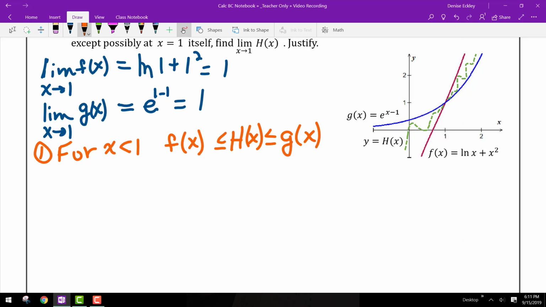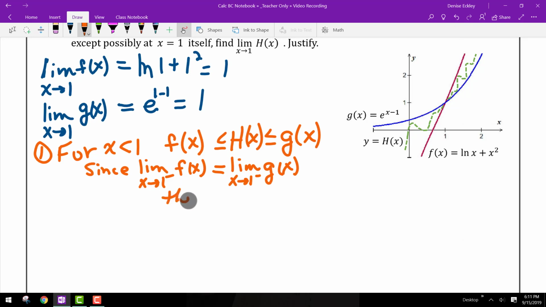And this is very similar to what we wrote in the last problem: since the limit as x approaches 1 from the left of f of x is equal to the limit as x approaches 1 from the left of g of x, and this is equal to 1, then the limit as x approaches 1 from the left of h of x is going to equal 1. So that's our first case.